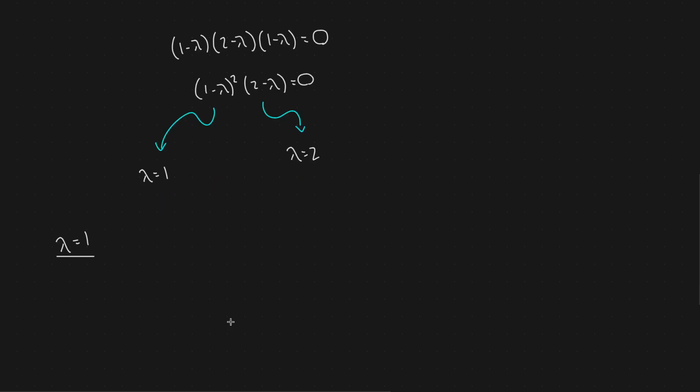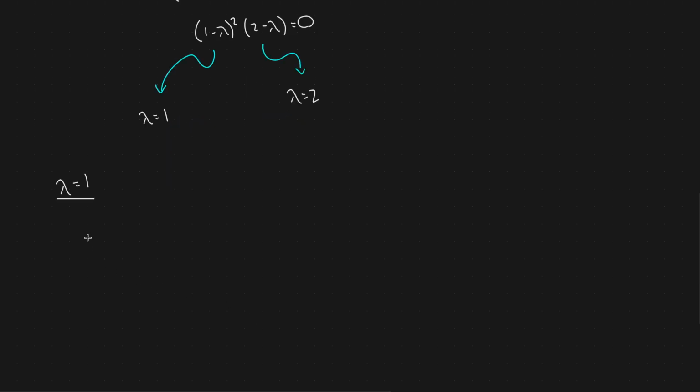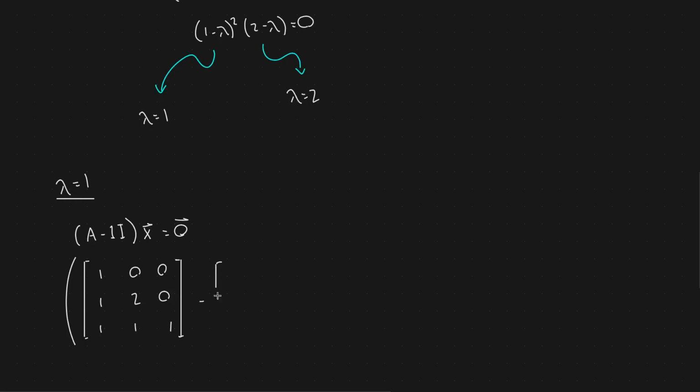So if I plug in 1, that's (A minus lambda I) times x equals 0, and in place of lambda we have 1. Matrix A was 1, 0, 0, 1, 2, 0, 1, 1, 1. 1 times the identity matrix is just the identity matrix, 1's down the main diagonal, 0's everywhere else.